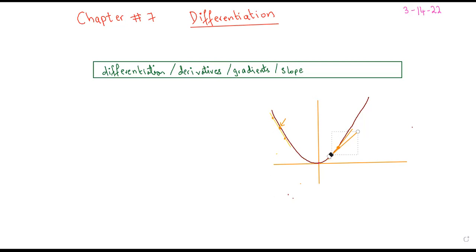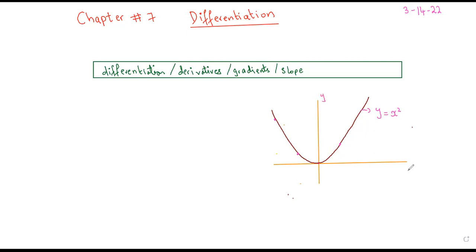And how is differentiation used here? I'll tell you. What was the task? The task was to find the gradient at any point on this maroon curve. Let's say this point, this point, this point. I want to find the gradient at multiple points, and this is y equals x square. This is the equation of this curve.